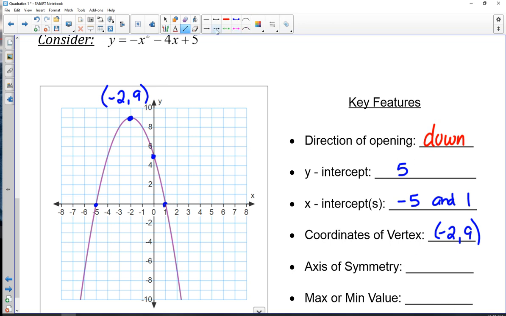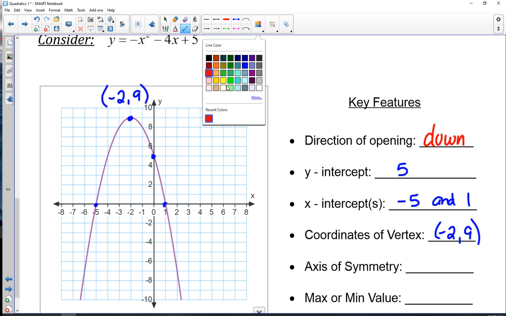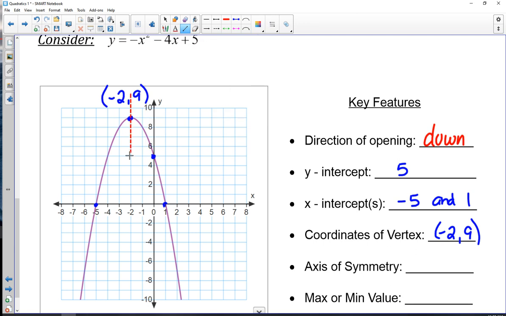The axis of symmetry is once more the vertical line that cuts the parabola in half. That axis of symmetry will always go through the vertex, and its equation is always going to be x equals whatever the x coordinate of the vertex is.